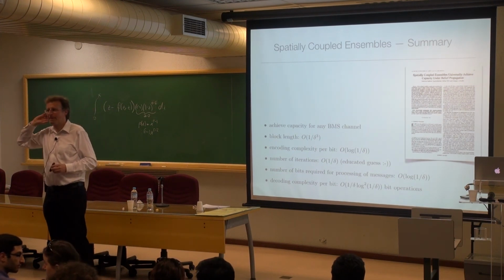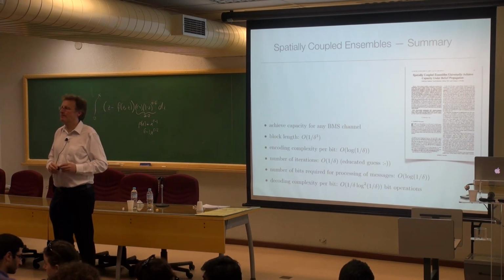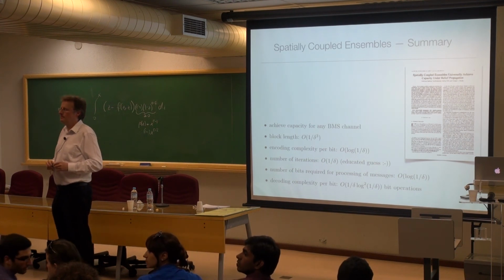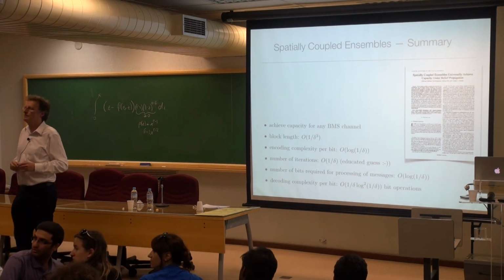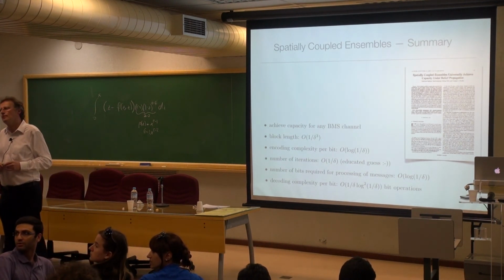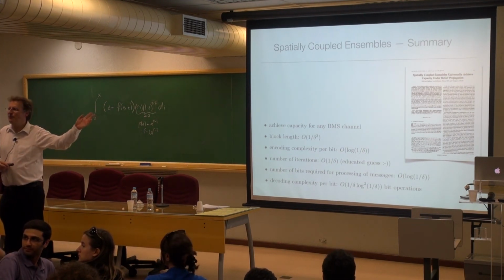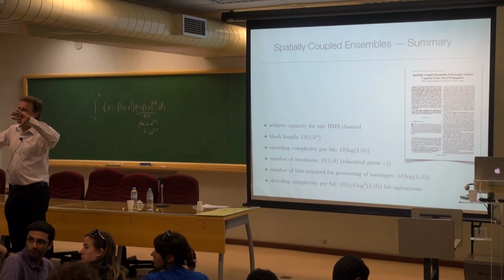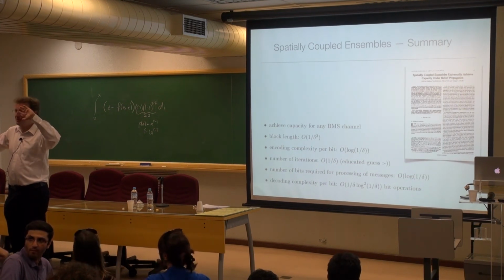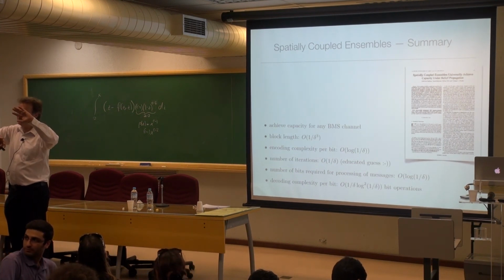Yeah, just a question about, so when you say the block length is 1 over delta cubed, is that mostly from experiments or is there some theoretical reason? No, this is what I had beforehand. I had this discussion where I said that there are two losses. One is the rate loss and the other one is the actual finite length scaling.